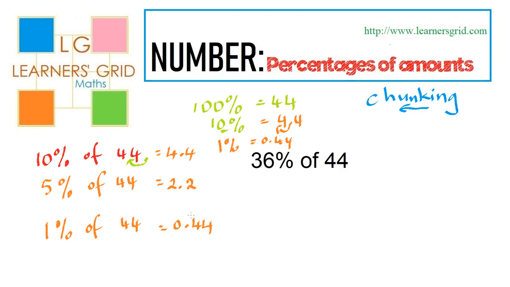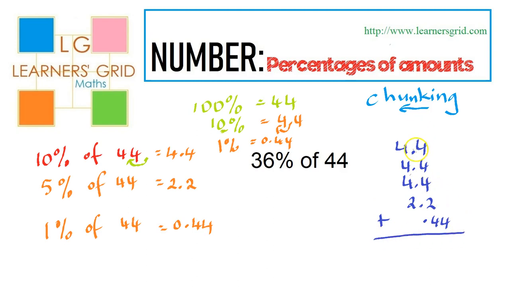So I have everything I need. I have all the chunks that I need. So I need 4.4, 4.4, 4.4, that's going to be 30%. 35% is 2.2. And 36% is 0.44. Now you can just add them up.